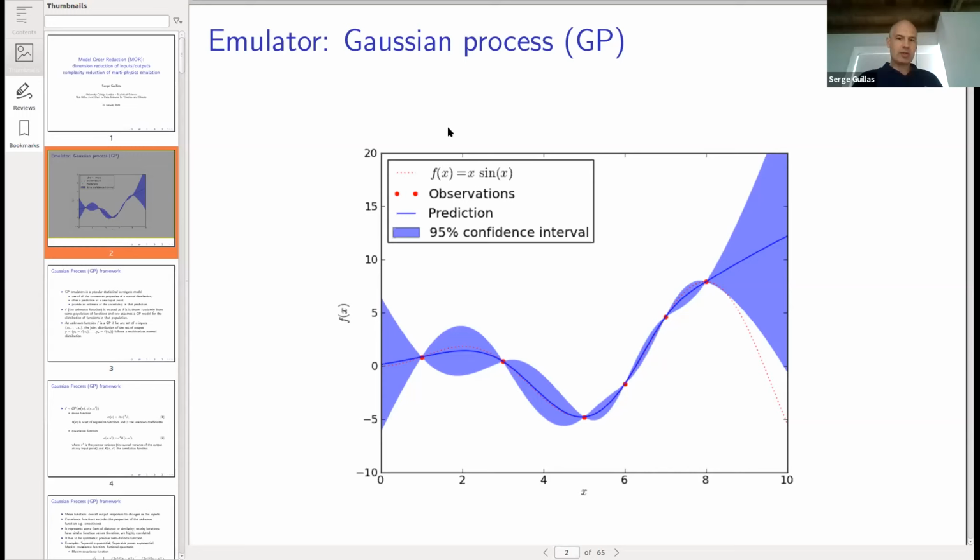And you can do that using the Gaussian process technique, but other techniques are available. And if you do so nicely, you get uncertainty about your own predictions or your own approximation of the input-output relationship of the computer model. So that's one of the basic tools in uncertainty quantification, a surrogate model or an emulator.